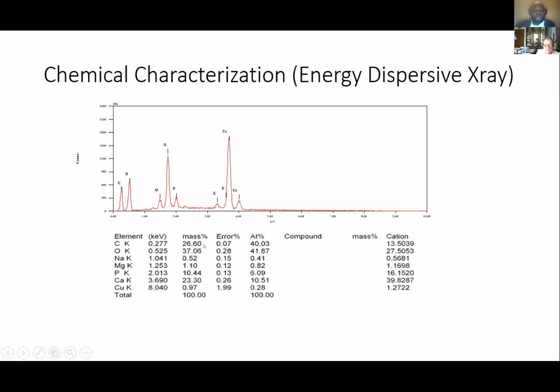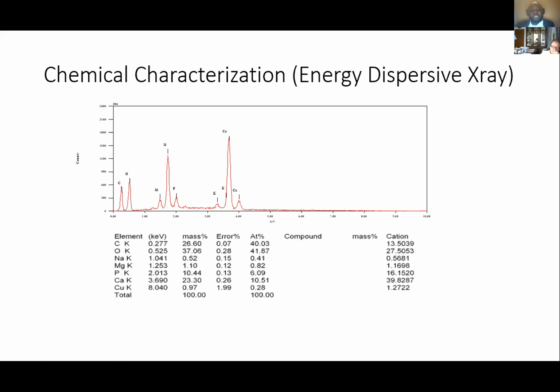We have carbon at 26.60%, oxygen at 7.06%, and calcium was obtained at 23.30%. So from literature, carbon, oxygen, and calcium are the known elements that compose carbon powder.